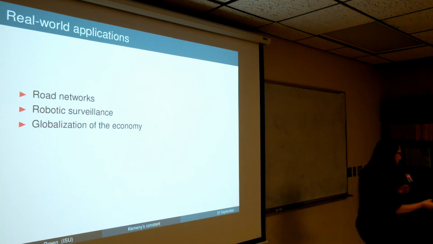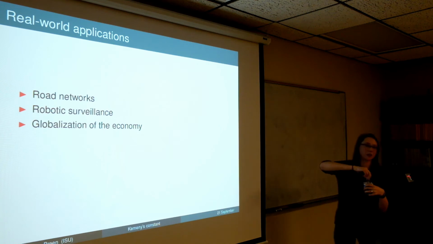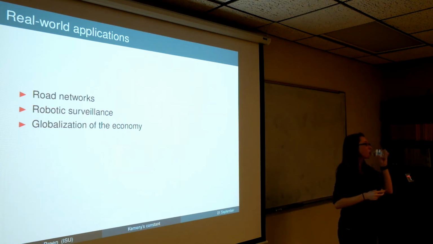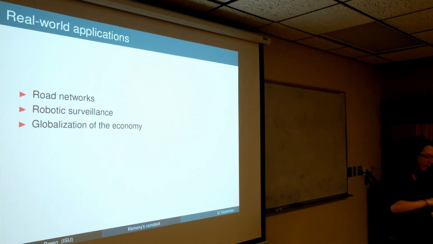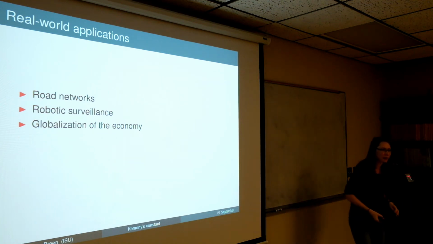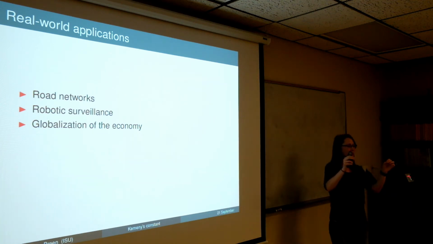Globalization of the economy. This is one where, similar to the road networks one, they use some of the same ideas. They take all this data from the world input-output tables that say something about how much different economies contribute to each other.